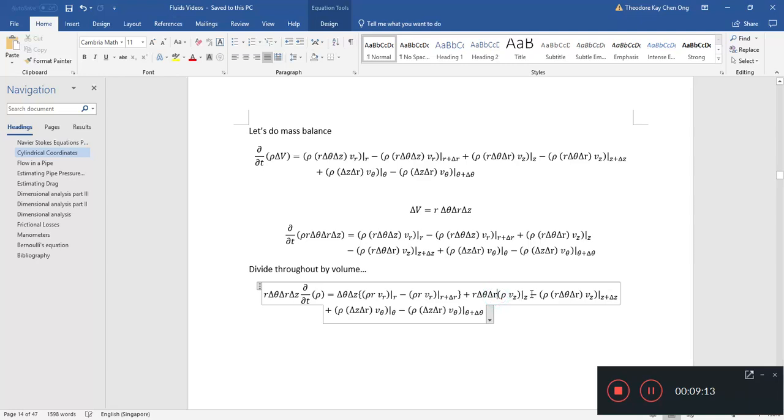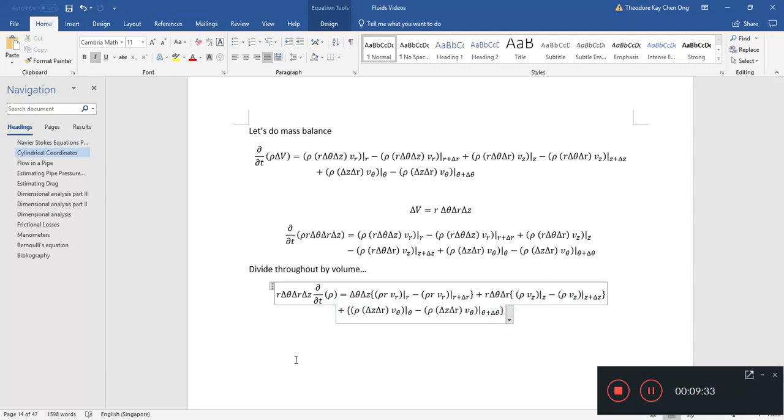There you go. Simple factorization. And again, we do it with the last one. We can take delta z, delta r out, because none of it varies with theta. Delete this and delete this.